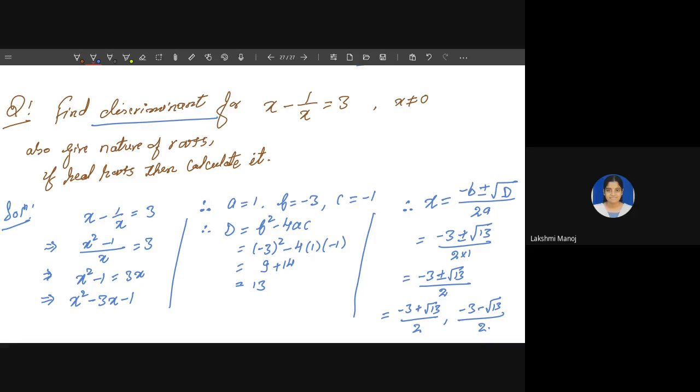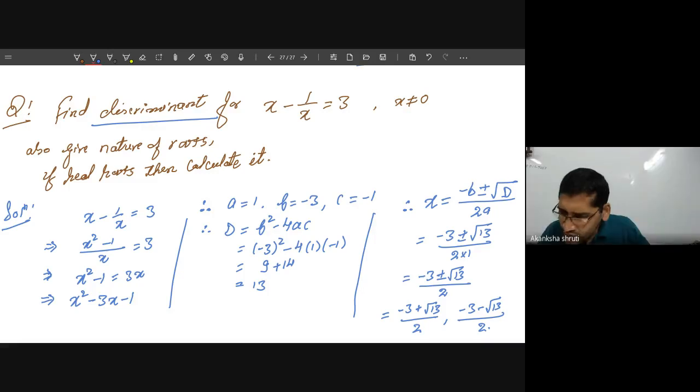Sir, the roots that you found out. Yes, in the roots we put under root of d. I am trying to get it where some error is there. So minus of b plus minus under root of d. So under root of 13 is there and b is minus 3 is there. Before that, the plus minus sign is before the root. So minus 3 plus minus under root of 13 divided by 2 into 1.